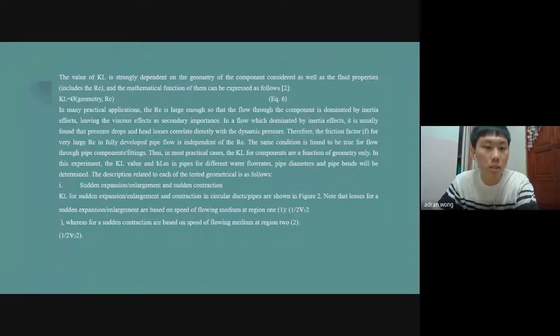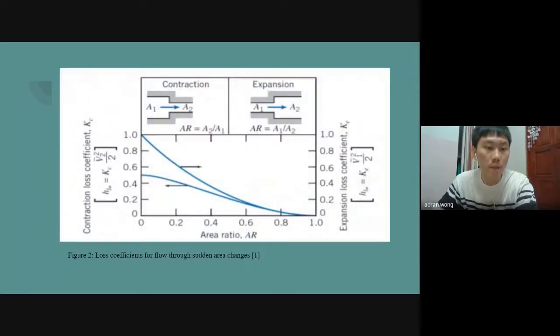Note that losses for the sudden expansion or enlargement are based on the speed of the flowing medium at region 1, whereas for sudden contraction they are based on the speed of the flowing medium at region 2. So this is Figure 2 showing the loss coefficients for flow through sudden area changes.